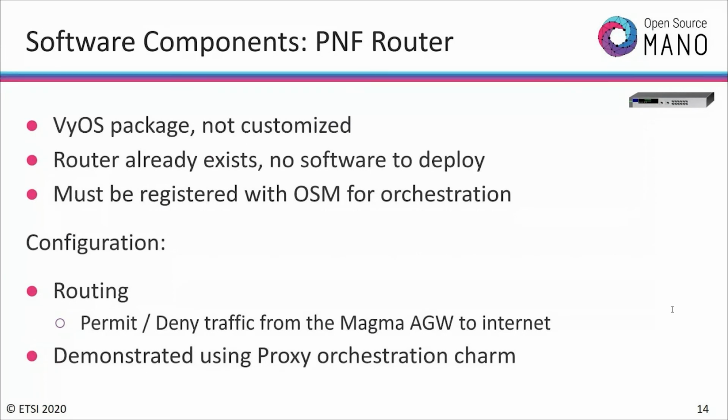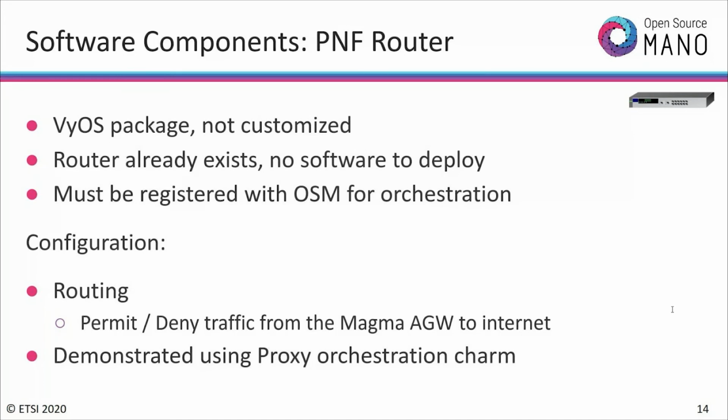So we're going to be creating a simple placeholder, or a registration of the physical network function that represents the router, so that OSM knows how to get to it and how to talk to it. And then we'll be configuring routing to permit or deny traffic from the access gateway out to the internet, or from the web proxy out to the internet, depending upon which path we're demonstrating at that time.